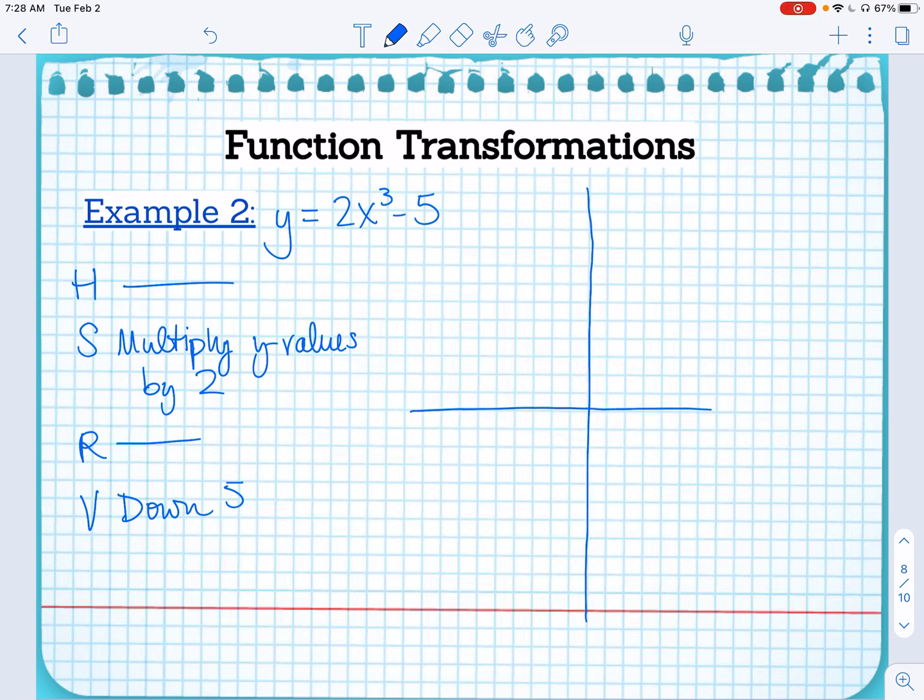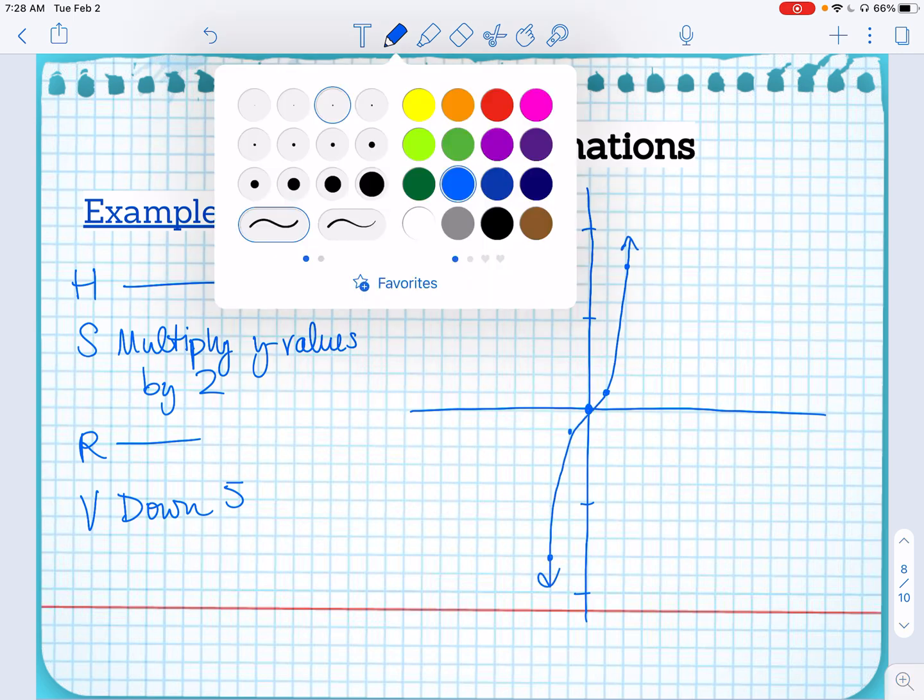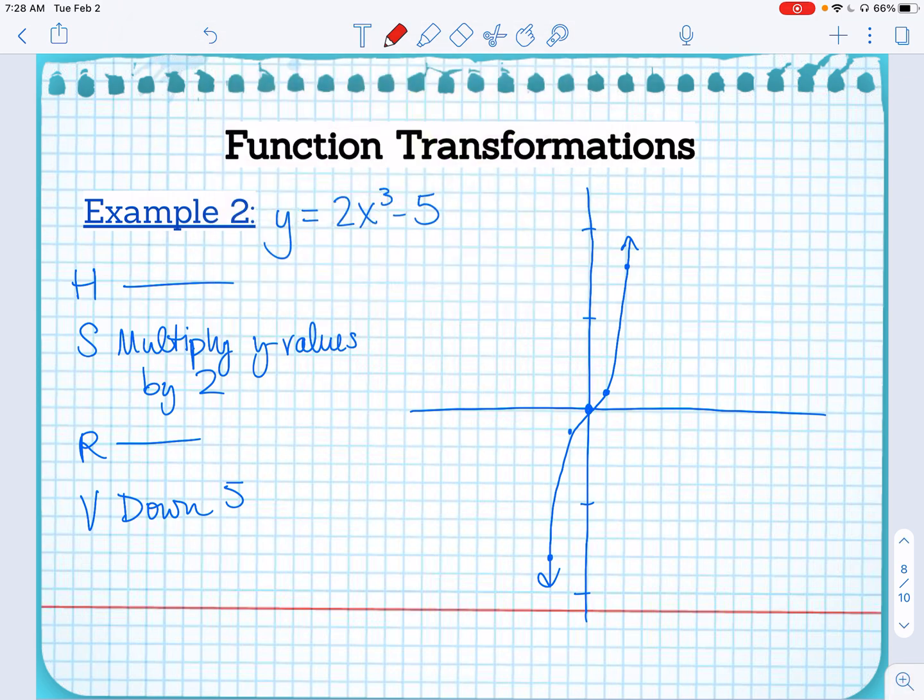So I'm going to start with my cubic parent. 2 goes to 8, and negative 2 goes to negative 8. So it's already kind of tall and skinny to begin with. And then I'm going to double my y values. So 0 stays at 0, but 1 goes to 2, and 8 would go all the way up to 16.